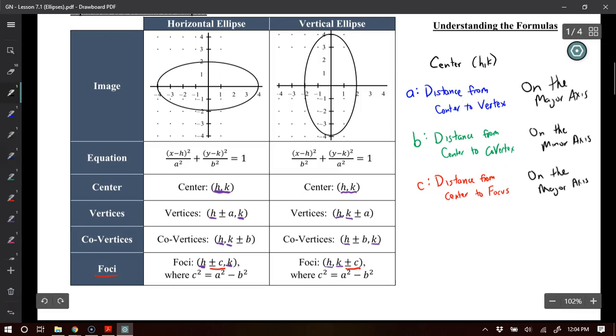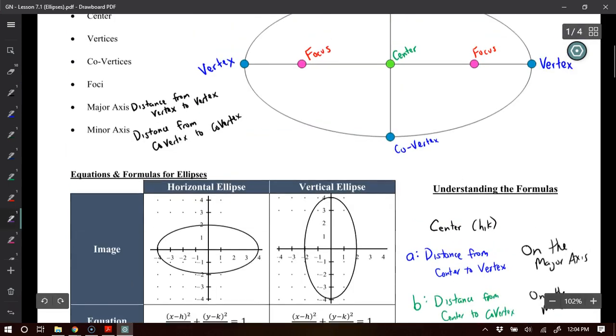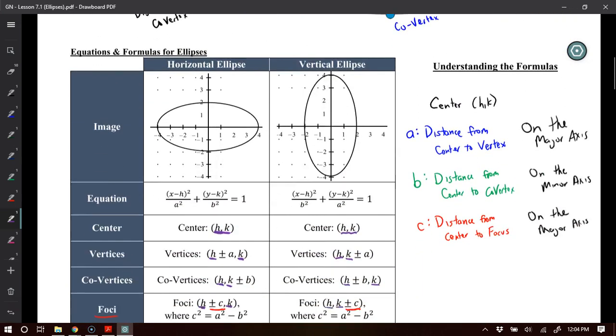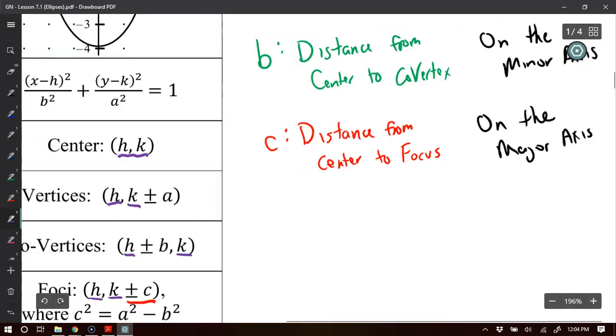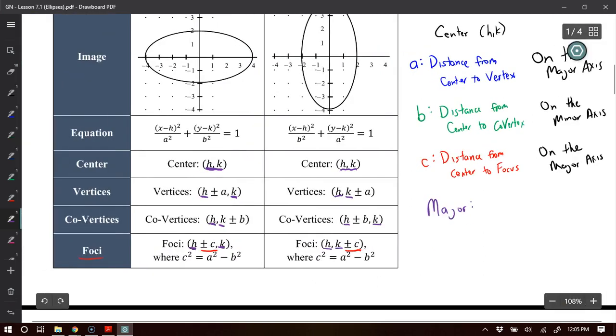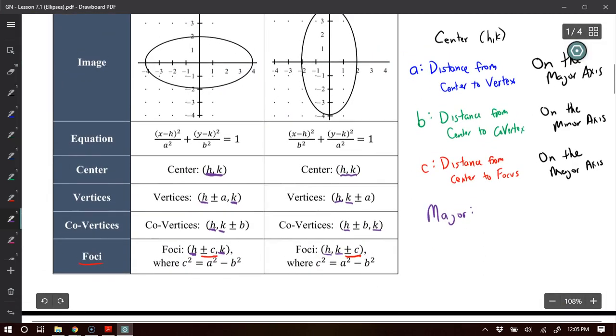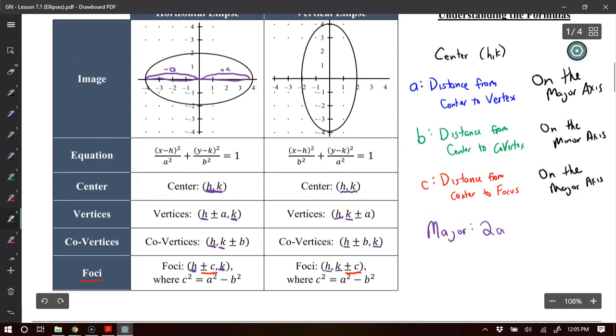Two formulas that are not on there are the concepts of major axis and minor axis, which are the distance from vertex to vertex and covertex to covertex, respectively. Now, major axes, if you think about it from the center, and I'll do it with horizontal, if I go to the left A units, and I go to the right A units, and that creates my vertices, the distance from here to here is twice A. And it's the same for the minor axes, and again, I'm going to use the horizontal.